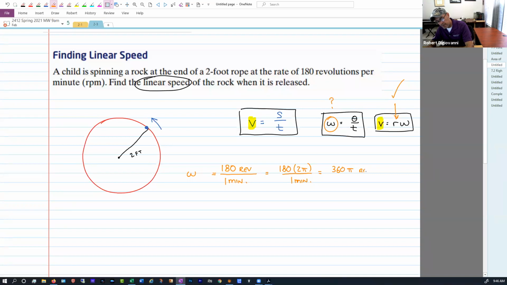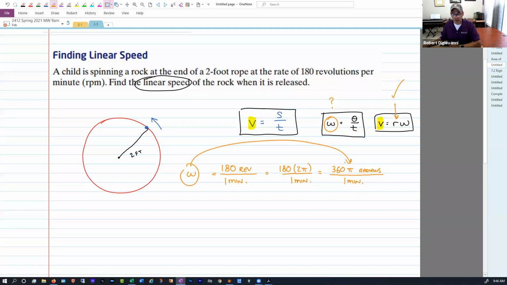I'm going to put radians even though I don't need to, it's implied. Do y'all agree that's theta? 360 pi radians, that's an angle. That's the angle we turn through, and we do that in 1 minute. That's our time. So this is omega.